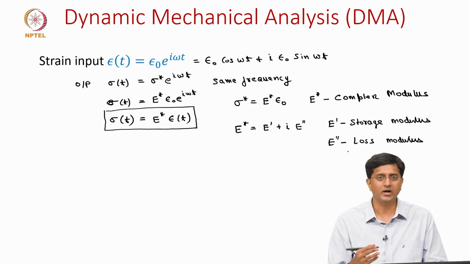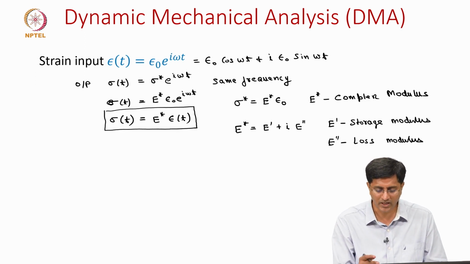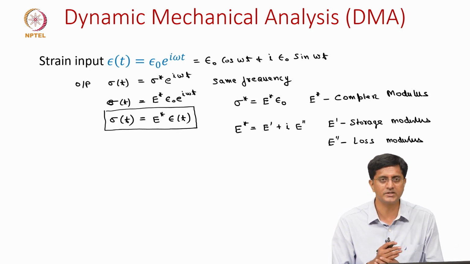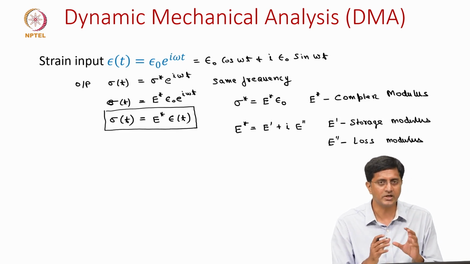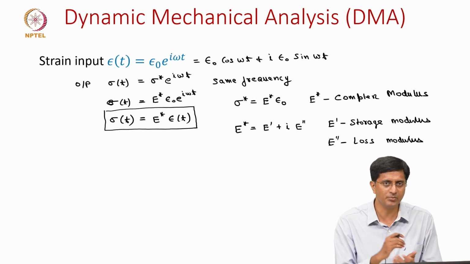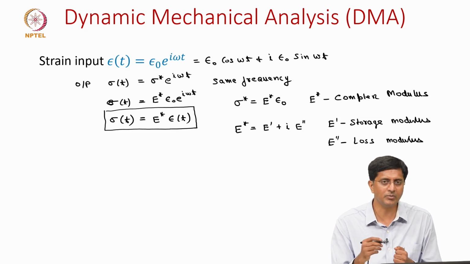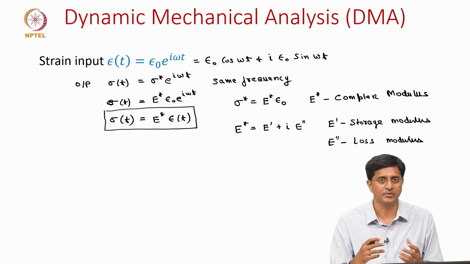So, the reason why E dash and E double dash have these names of storage and loss modulus is because the first term, the E dash, takes care of the stored energy per unit cycle, and the E double dash you will see is proportional to the energy dissipated.